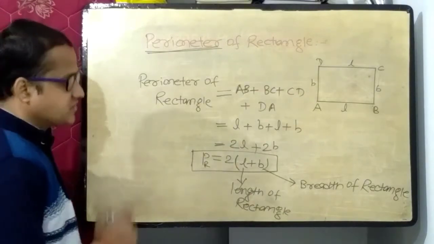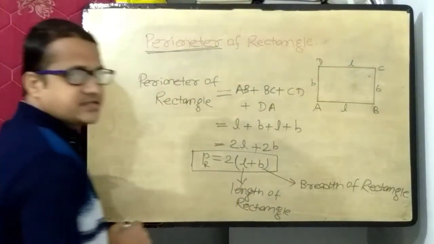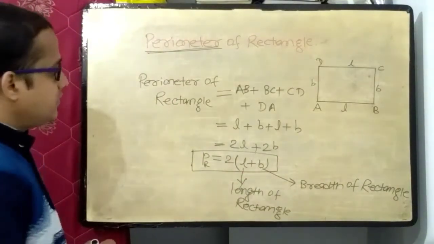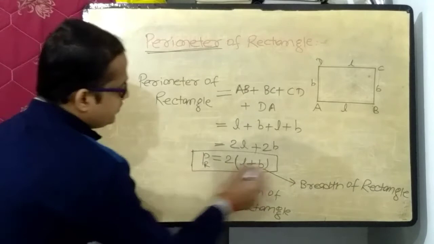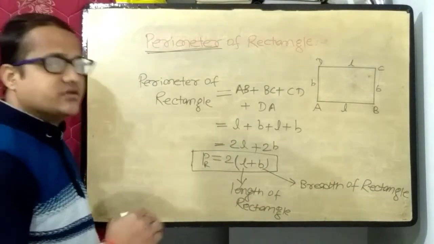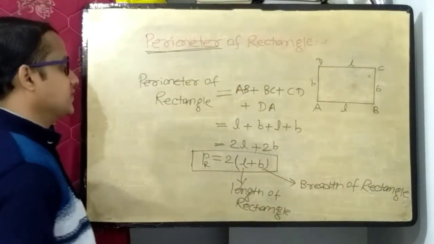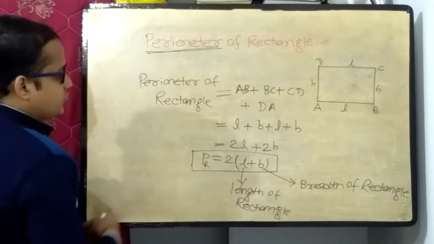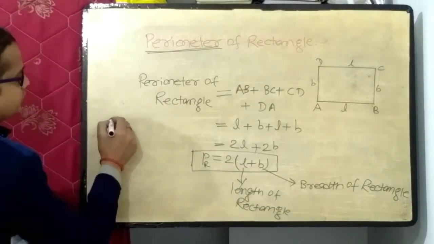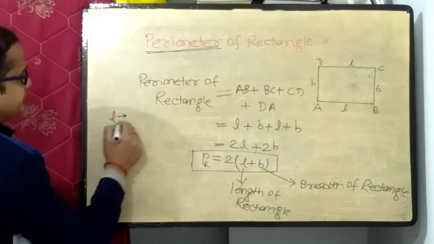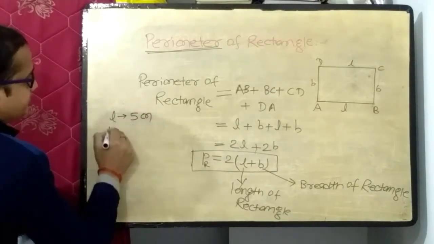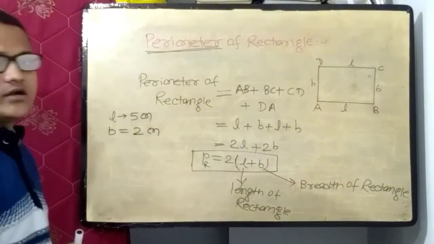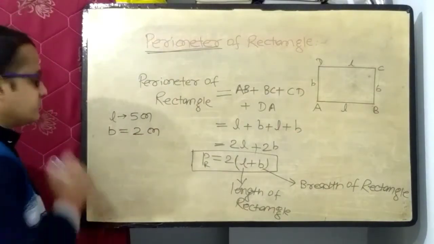Perimeter of rectangle is the first variable, L is the second variable and the third is B. So if out of these 3 variables I provide you any 2, then you can easily calculate the third variable. Let us suppose I give you length 5 meter, breadth equals 2 meter. Then you have to calculate the perimeter of the rectangle.